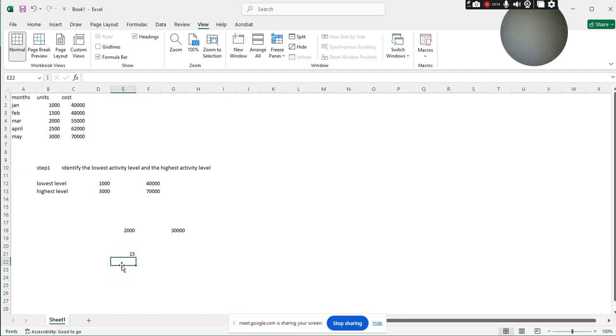So our VC, the total variable cost, is equal to this multiplied by this, so our variable cost is 15,000.